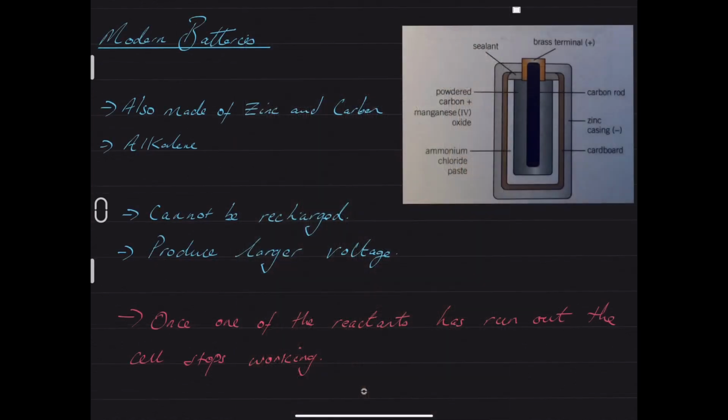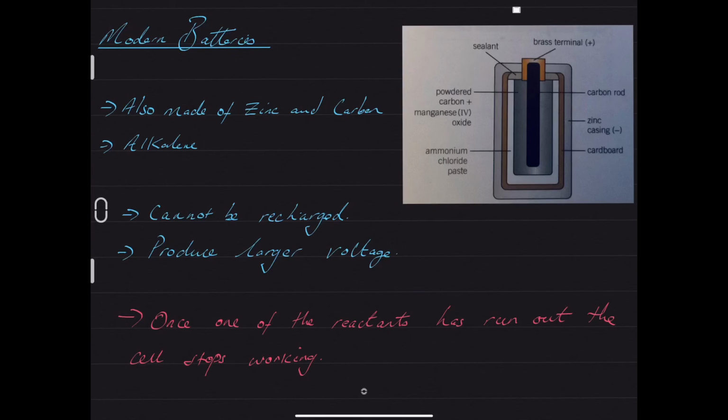Now let us move on to modern batteries. Modern batteries are also made of zinc and carbon in terms of the rods that are being used. And what we say is also that they are alkaline in nature.